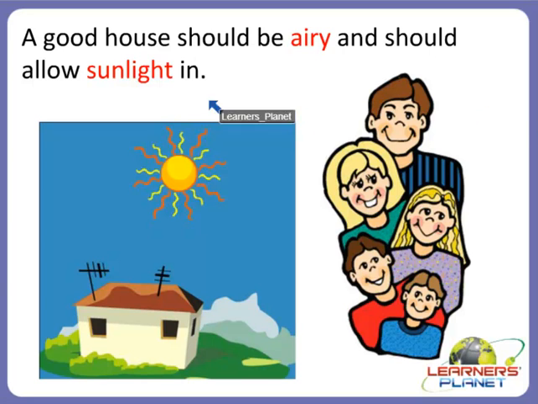So children, a good house is that house which should be airy and should allow the sunlight in. So we can see in this picture that this is a very good house, as it allows the air to pass and it also allows the sunlight.